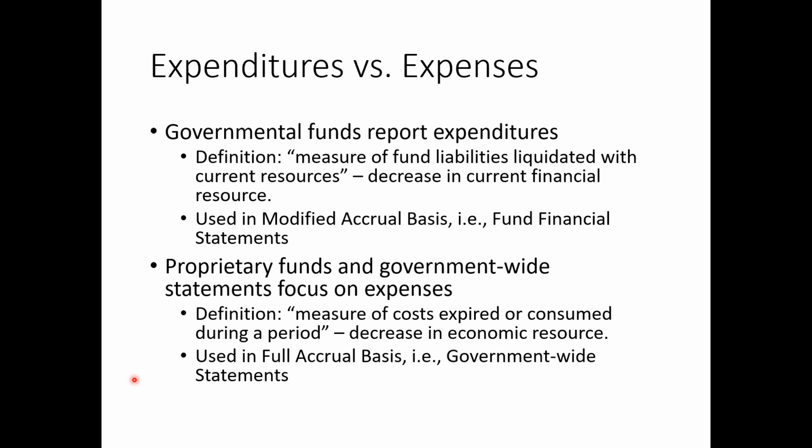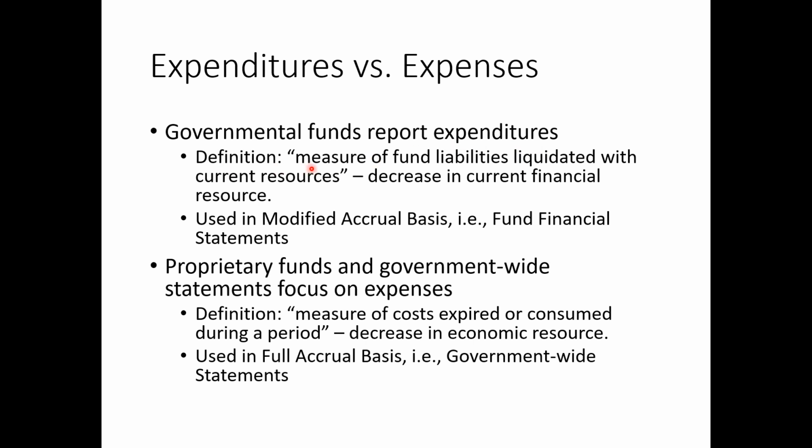That's for revenues, and now we're going to move to expenditures. Maybe you have seen two words, expenditures and expense, over and over, sometimes shown together. That's because these terms are used for different reports. For the governmental funds report, we use the word expenditures.